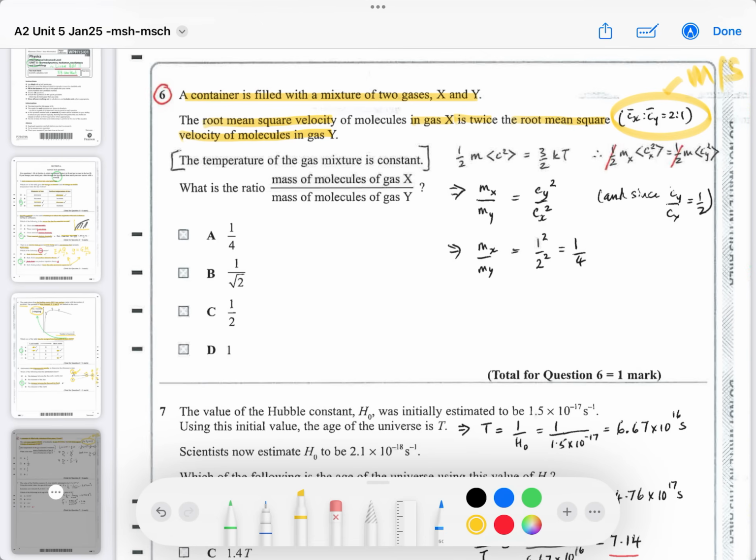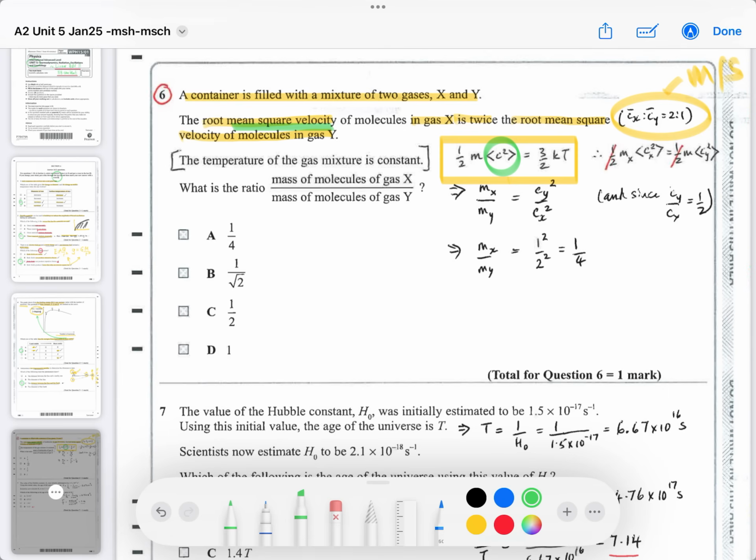So the equation that is on the back of the exam gives the mean kinetic energy using the mean square velocity. So that's the mean square velocity, and then you want the square root of that, the positive square root, obviously.